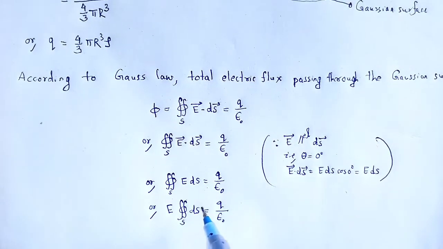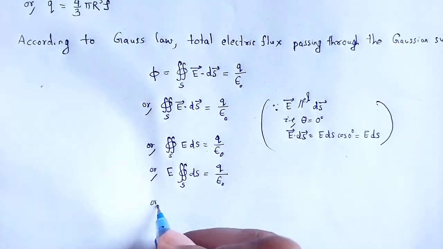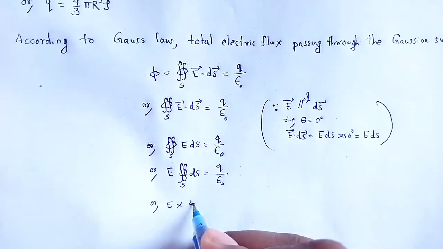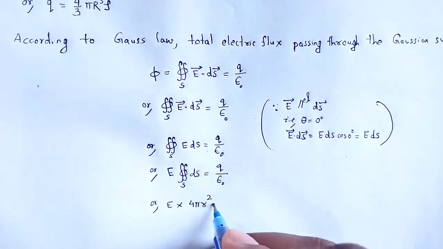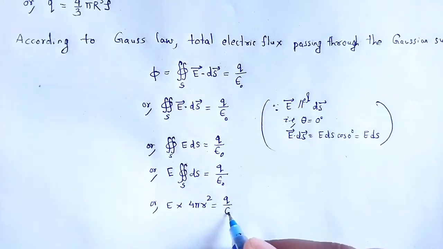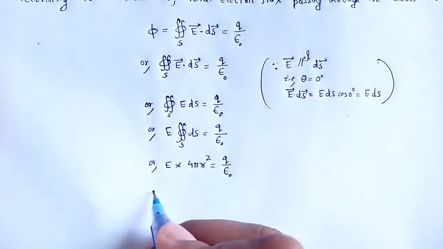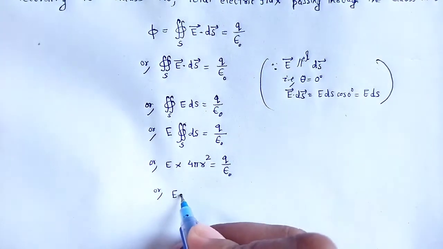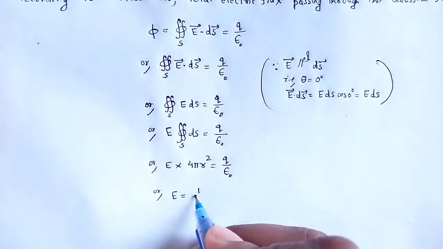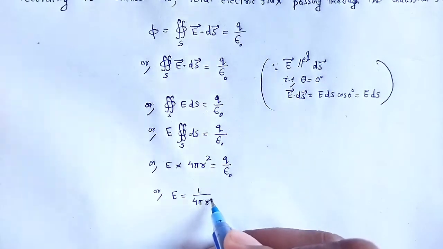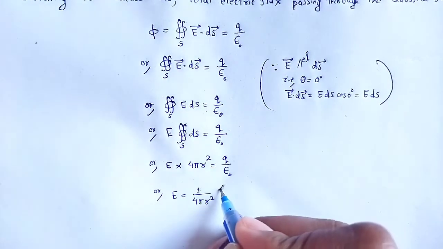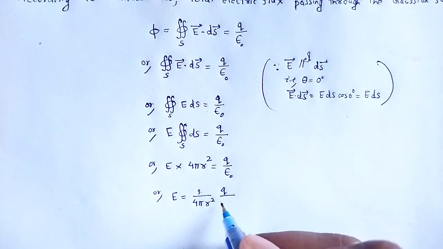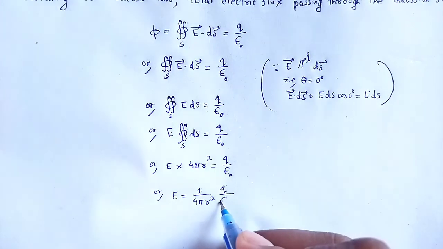Here the total surface area is 4 pi r square, so E into 4 pi r square is q divided by epsilon naught, or E is equal to 1 by 4 pi epsilon naught, q divided by r square.